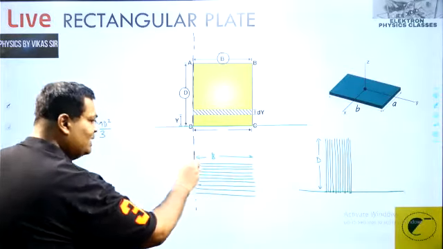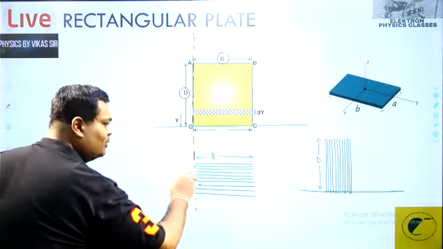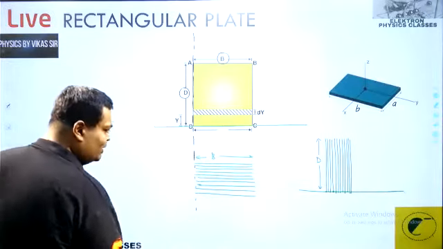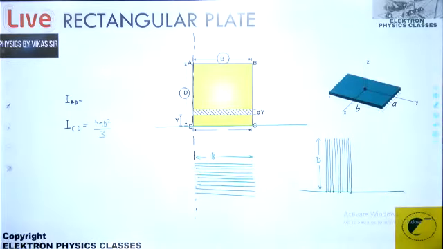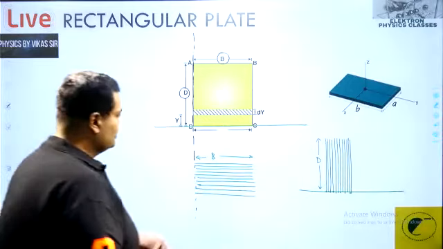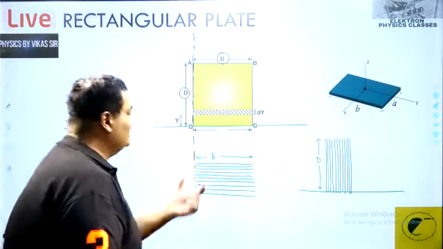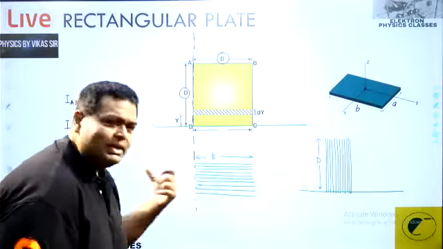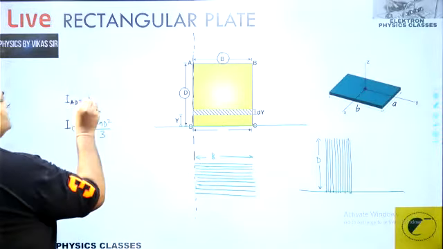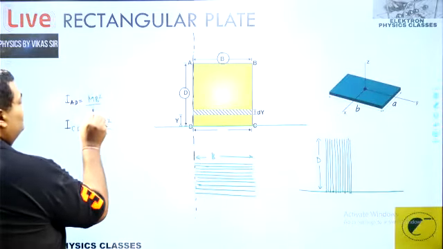So for it, dm l square by 3, because this is an end axis. So integral dm l square by 3 gives ml square by 3, but l here is b. The length of each rod is b. So the moment of inertia becomes mb square by 3.